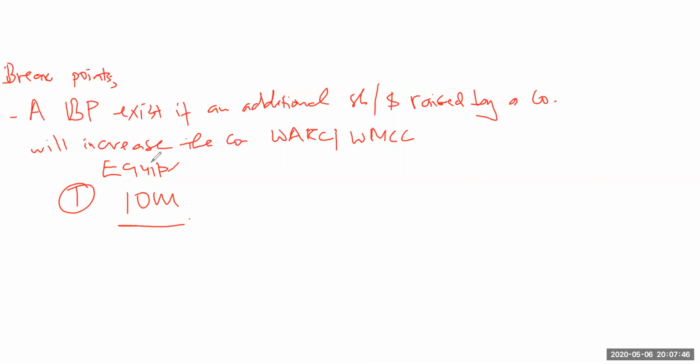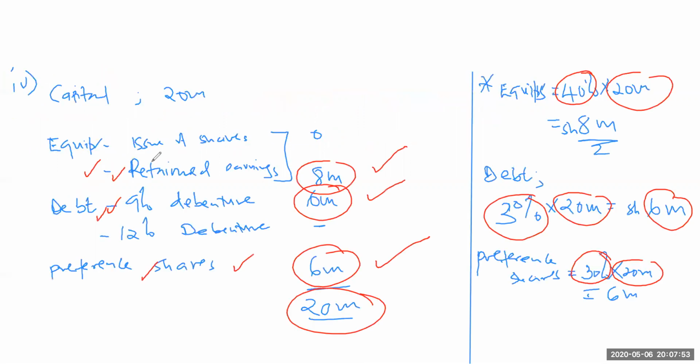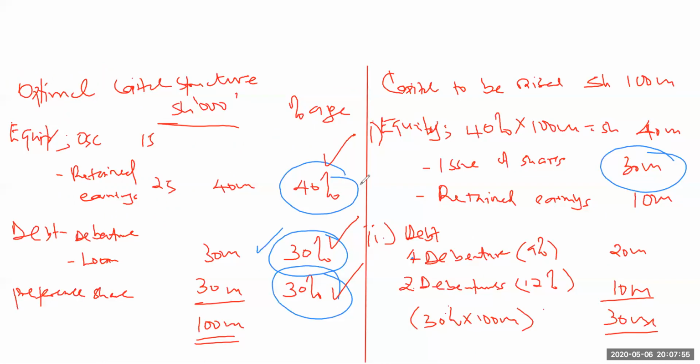The total capital we are going to obtain from equity, in terms of percentage, from our previous working, is 40%. Therefore we divide by that proportion.